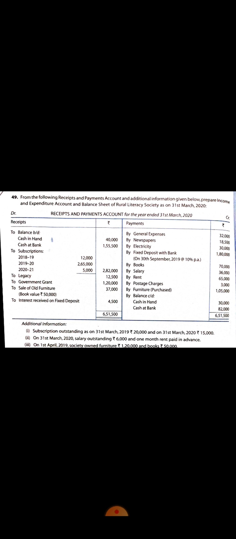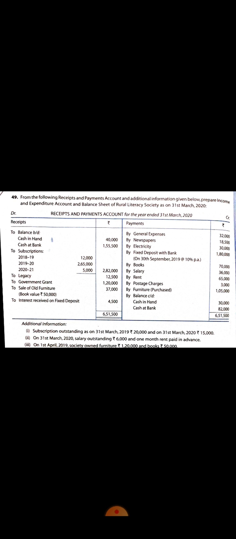Interest on fixed deposit. Amount of interest received 4,500. Amount of deposit which is given on the payment side is rupees 1,80,000. Interest receivable is 1,80,000 into 10 by 100 into 6 by 12, from 30th September to 31st March, 6 months.